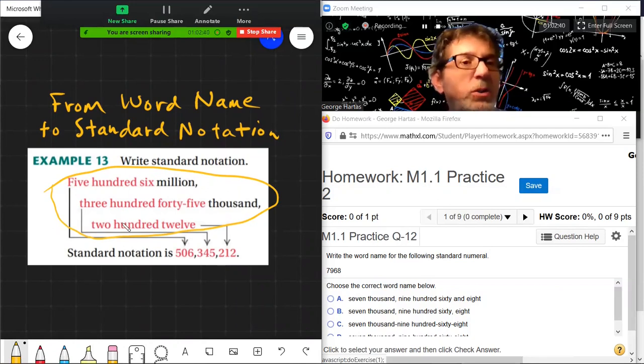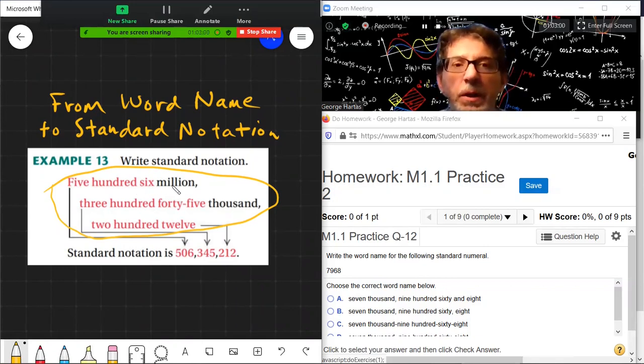So all you do is read it from left to right as you would read an English sentence. Now, when you do these, what I would recommend is that you actually say it in your head. Say it like you can hear yourself say it.